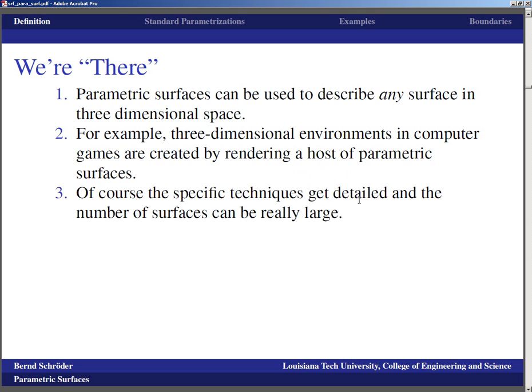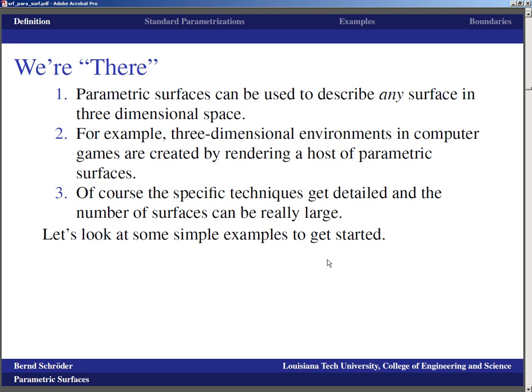The specific techniques will get very detailed. Like I said, for example, in computer games, they use polygonal approximations for your surfaces, and that is something that gets very detailed, and the number of surfaces needed to describe, for example, a face in the rendering for a digital movie can be a large number of surfaces, but again, at its very heart, it has this idea.